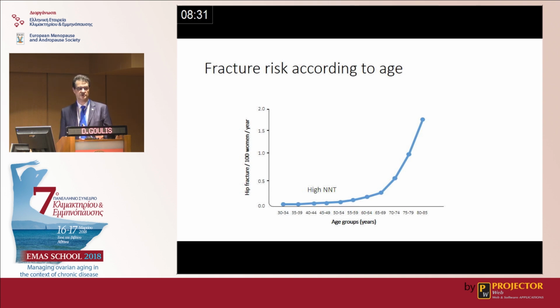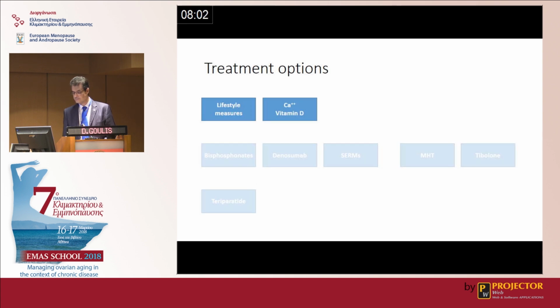So if you use a drug, keep in mind that the number needed to treat, which is the ultimate measure of effectiveness of one drug, is very high. You have to treat a lot of patients at these ages in order to prevent one fracture, and quite the opposite is true for ages over 70. You have to treat a low number of patients in order to prevent one event, in this case, one hip fracture. So keep in mind the age.